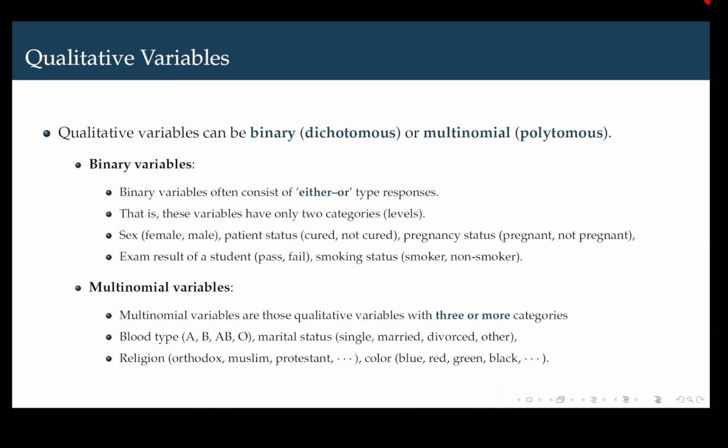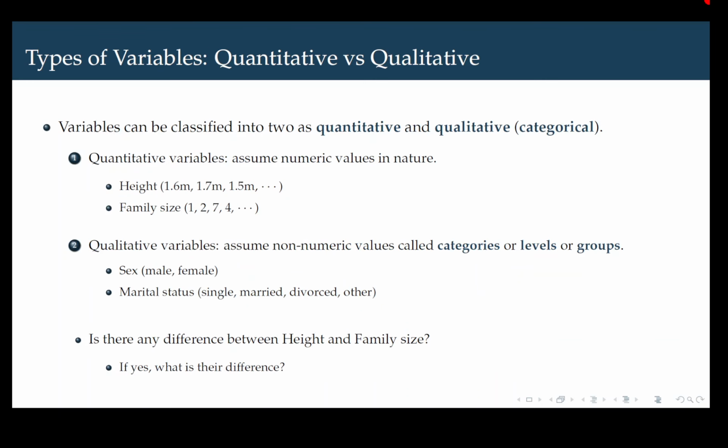Now let's go to the qualitative variables. If we go back to the previous slide, here sex assumes values male and female, and marital status assumes values single, married, divorced, other.